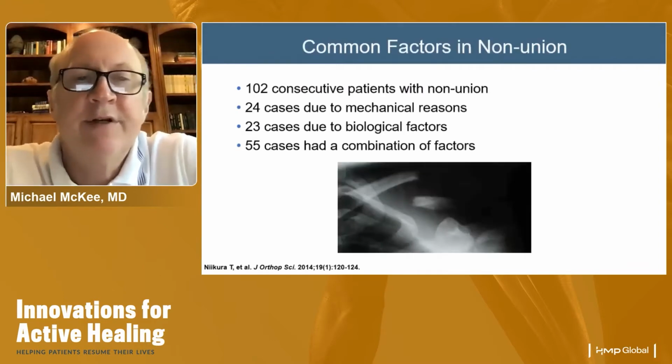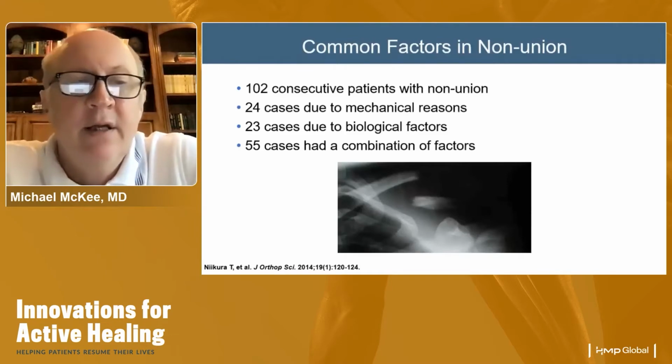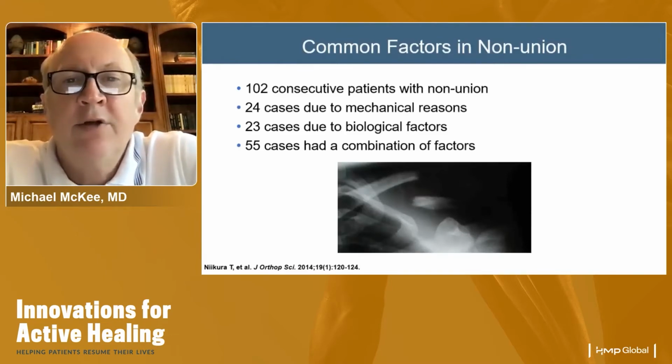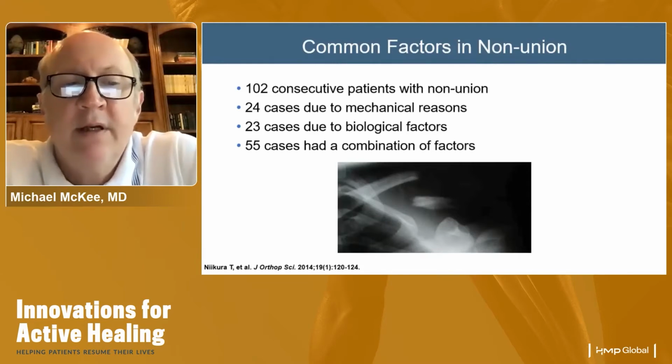I think one of the most interesting papers I've come across looking at non-unions is this paper discussing common factors in non-union patients. This is in the Journal of Orthopedic Science in 2014, and comes from Japan.